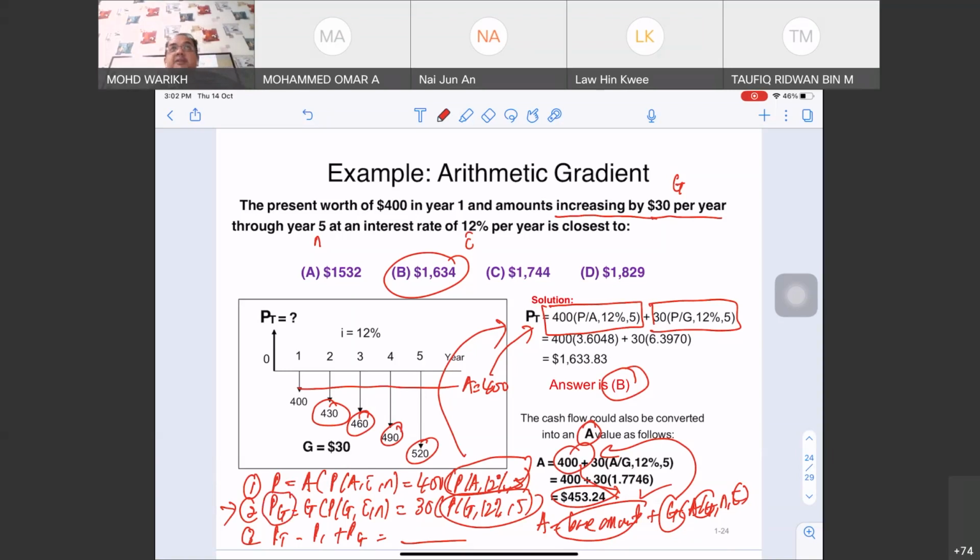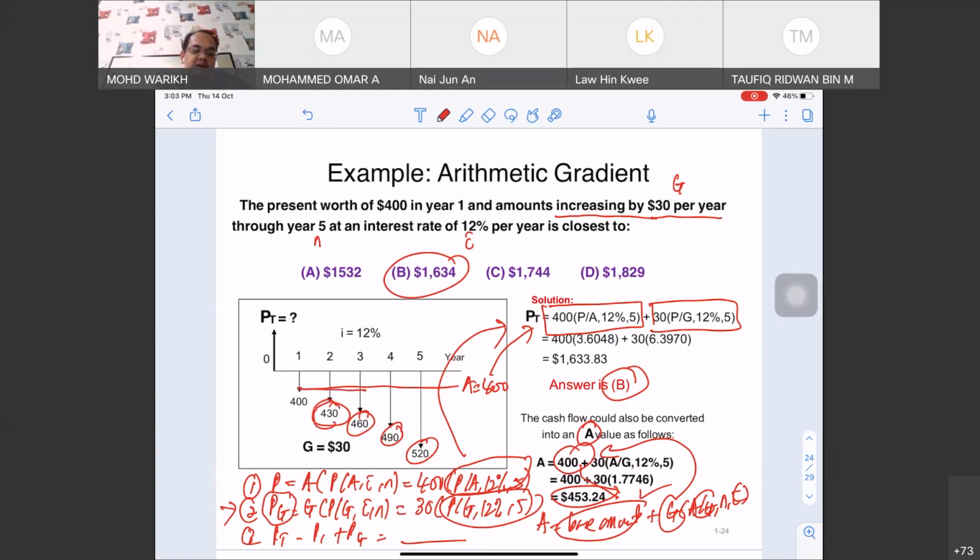That's why I said before, you have to divide it into two calculations. The first one is A1: based on A, P is given, you have to find P, A is given. The second one is about the arithmetic. Arithmetic is the different numbers between year 2 and year 1.